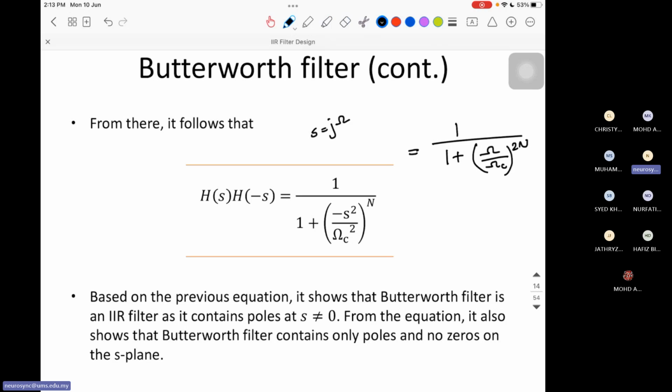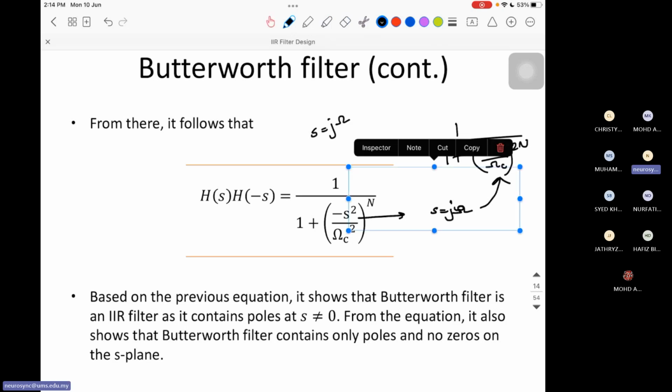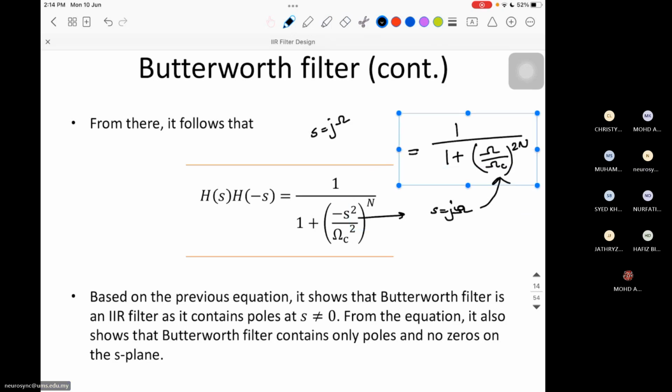So I can go from s to jΩ by putting s equal to jΩ, and then I will get this, correct? So the converse is also possible, right? I can get this quantity from this quantity. Okay, but the converse is only possible if the function is analytic.